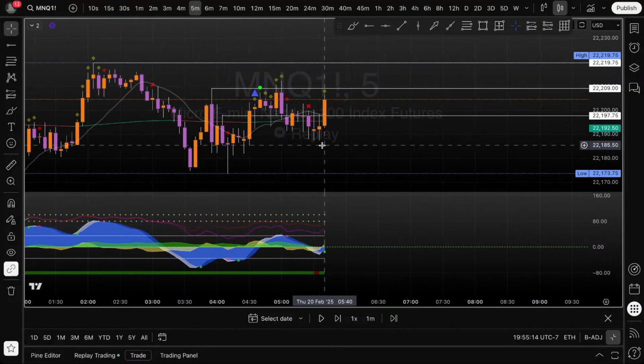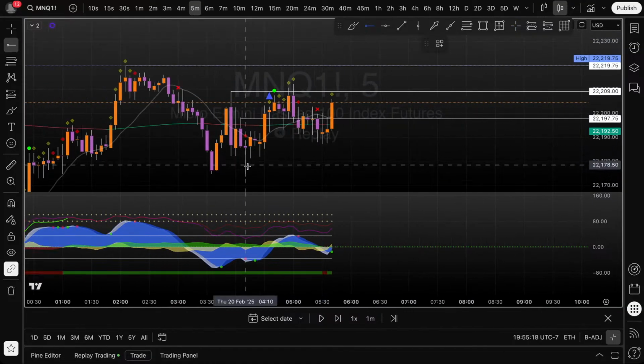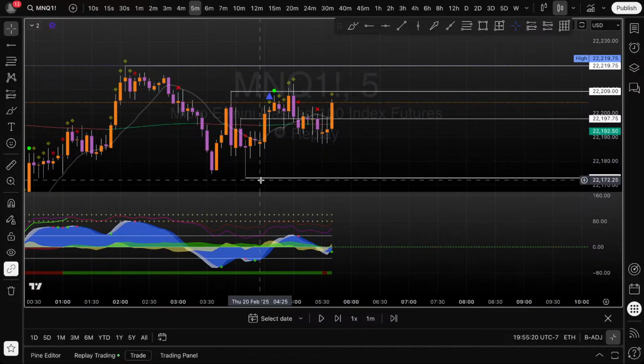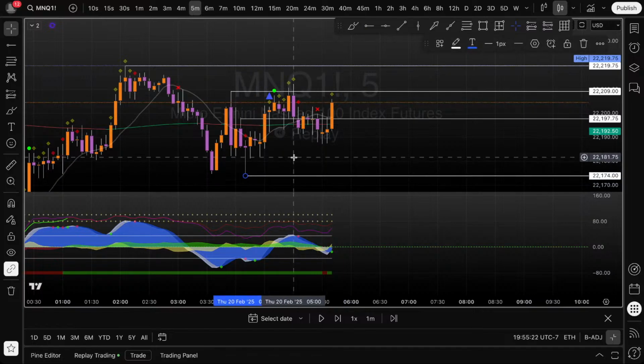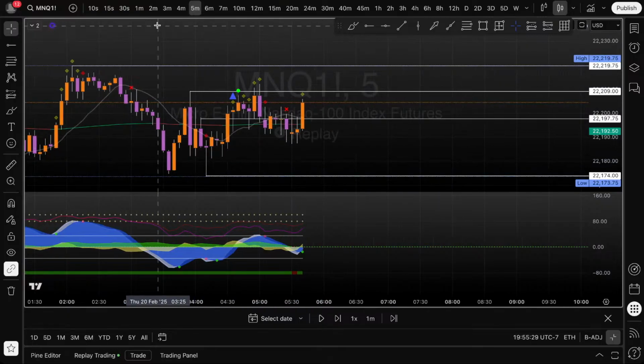We know what we're looking for. I gotta clean that up a little bit though. Can she stay above there?